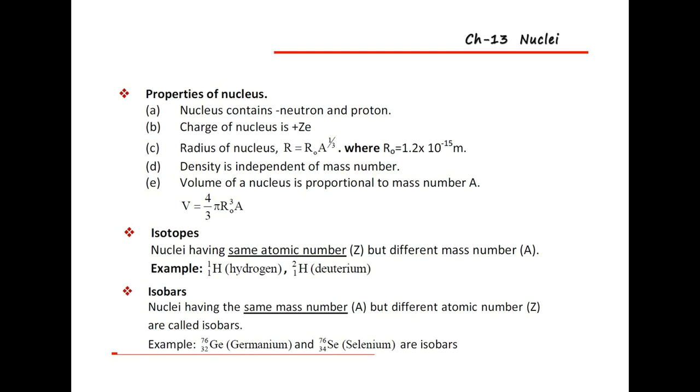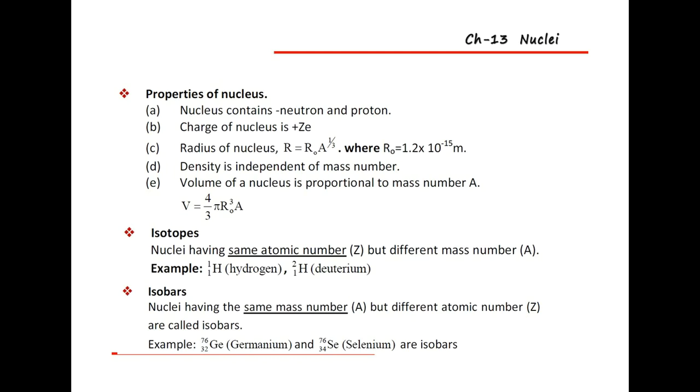And the density is independent of mass number, and the volume of a nucleus is proportional to the mass number A. So V is equal to 4 by 3 pi R naught cube A, where V means the volume of the nucleus.